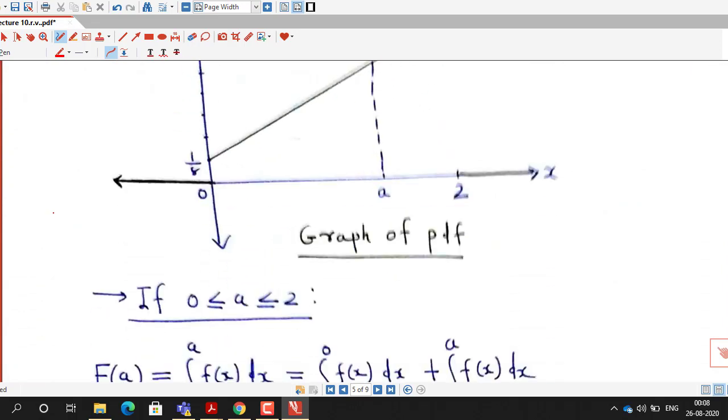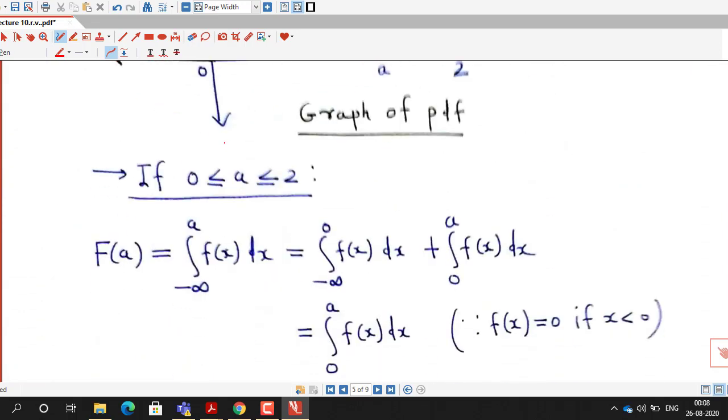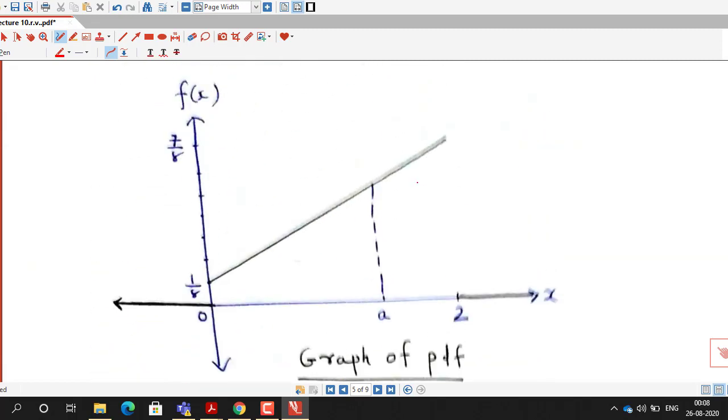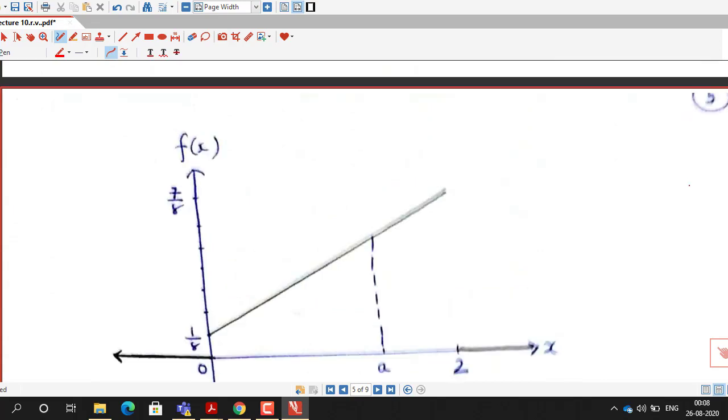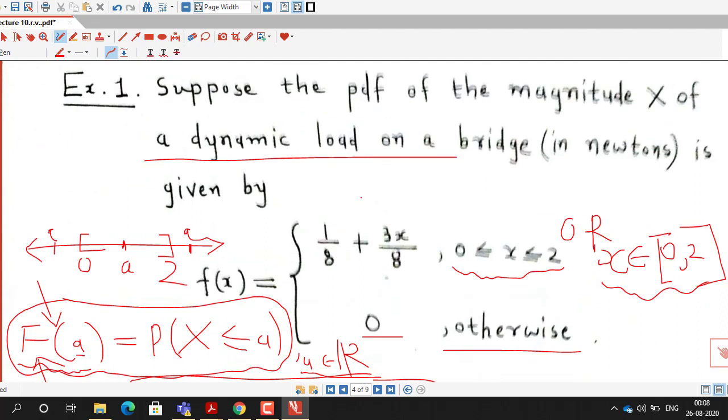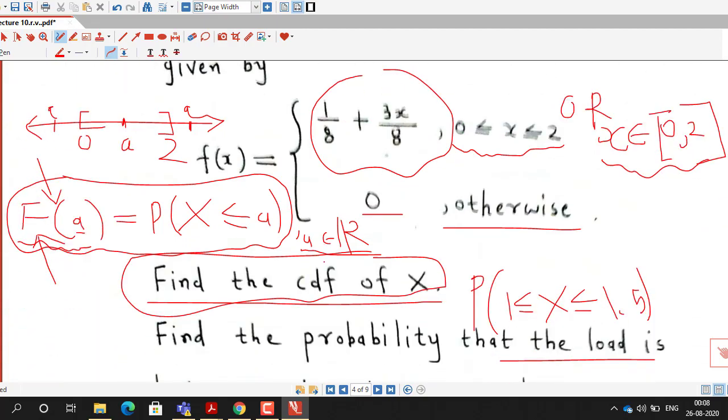Another possibility: suppose a is between 0 and 2. You can see I have sketched the graph of the probability density function. The PDF is represented by a straight line between 0 and 2, so we can easily sketch the graph. To sketch a straight line, we require 2 points on it. If I put x equal to 0, I will obtain 1 by 8.